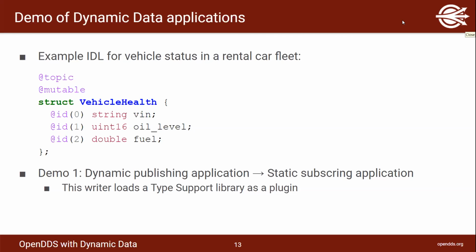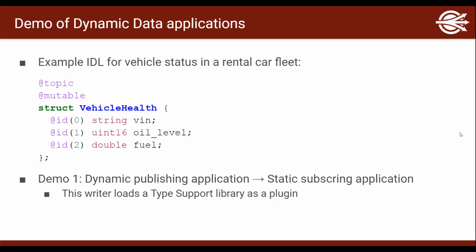For this, we're going to take some IDL from our original XTypes webinar, or at least the idea: you have vehicles in a rental car company, and you want to know how they are doing. So you would have, say, a VIN for identifying the specific vehicle, and then maybe the oil level and fuel level.